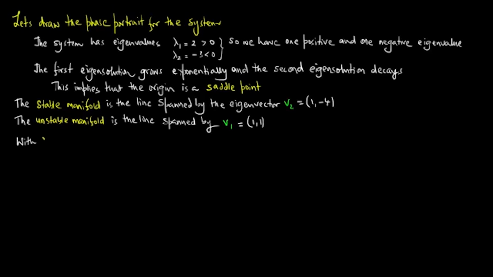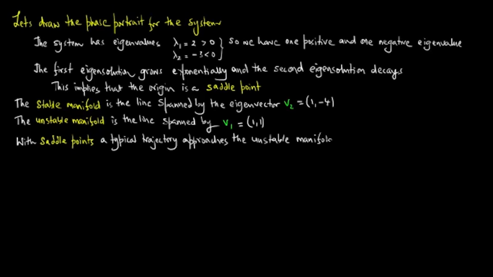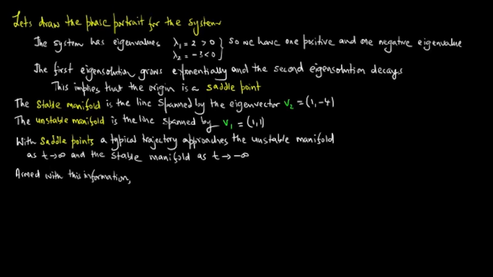With saddle points, a typical trajectory approaches the unstable manifold as t tends to infinity, and the stable manifold as t tends to minus infinity. So now, armed with all of this information, let's draw the phase portrait.